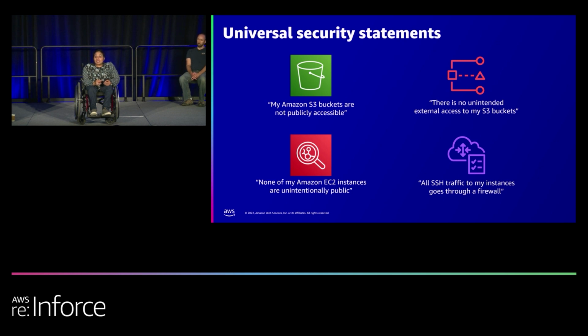You can say, all SSH traffic to my instances goes through a firewall. Now, the key here is each of these statements cover their universe, the universe of possible IAM requests, or the universe of all possible network packets.